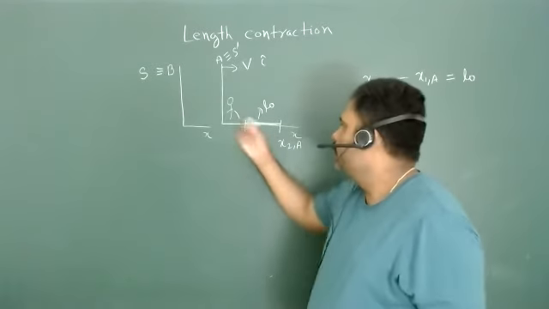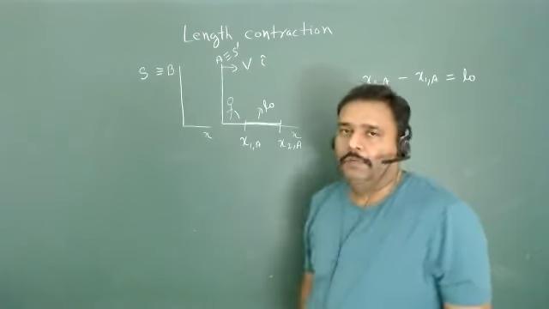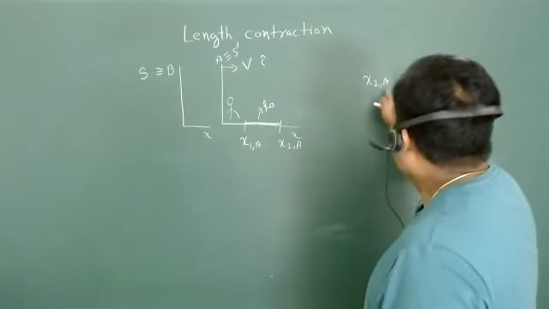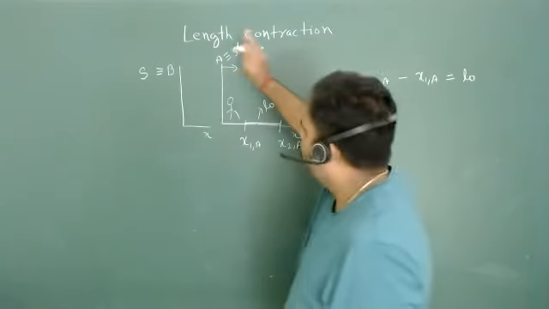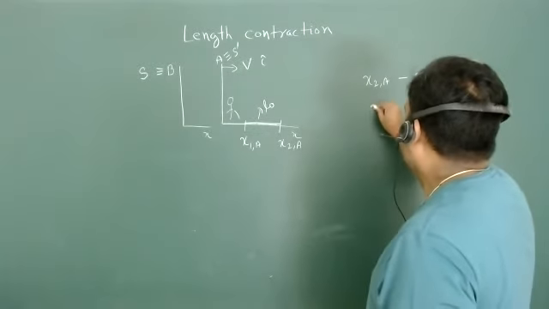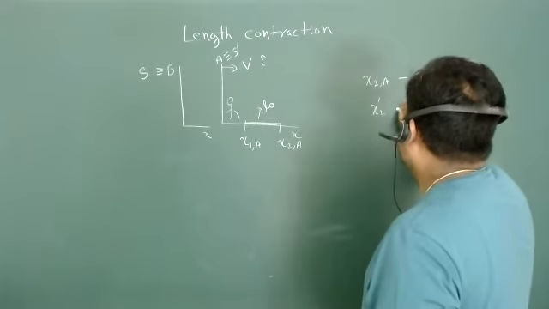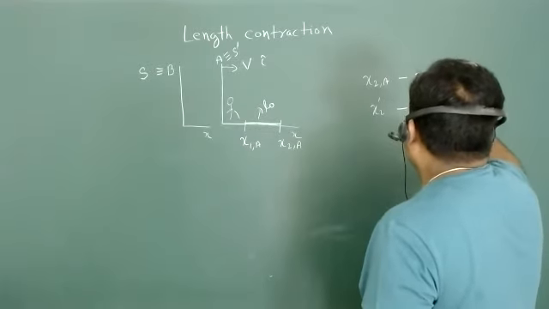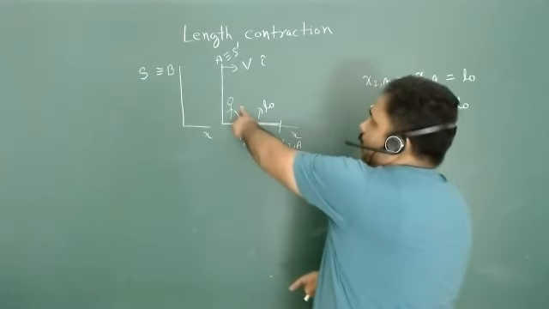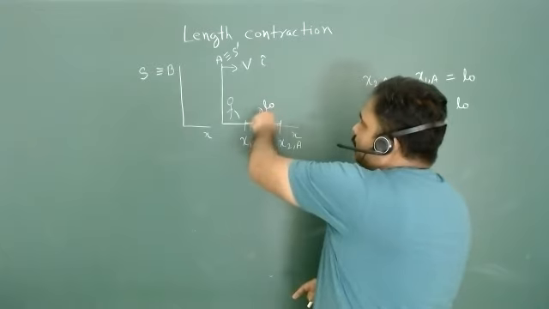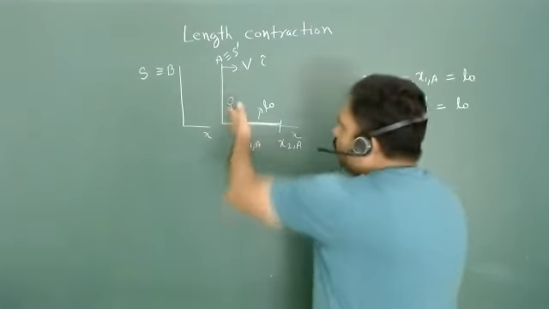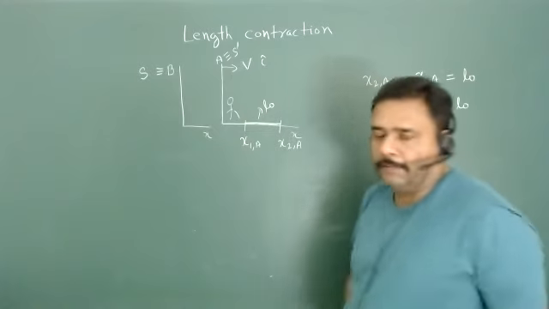Since A is S dash, I can write x2 dash minus x1 dash is equal to L0, and it is measured by this person. This is at rest with respect to him, so he can easily measure these two things.